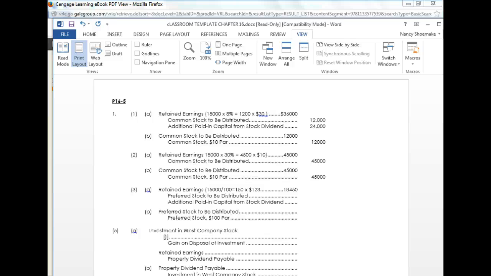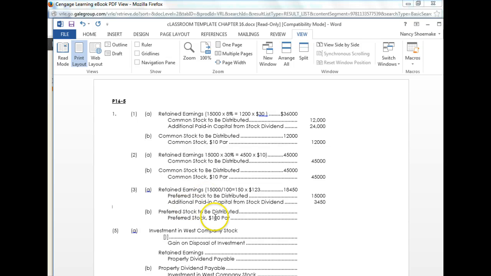The preferred stock to be distributed is, what is the share price, the par value? Is it $100? The par? $15,000 is the preferred stock. The additional paid in capital, $34.50.